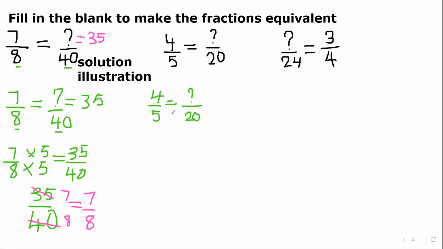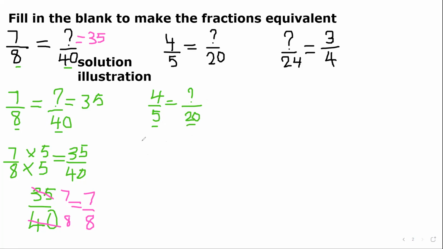Okay, but we all know before you can get equivalent, the same number is used to multiply the numerator and then the denominator. So the denominator here is 5 and the denominator of the other side is 20, which means that there's a number used to multiply the 5 here. That's why we're able to get a 20.